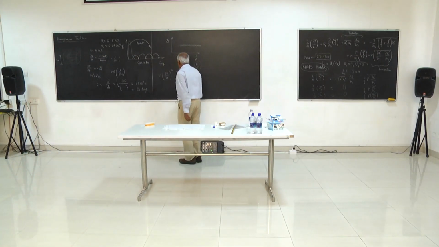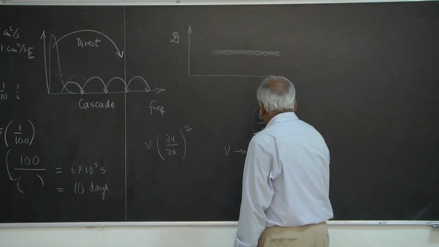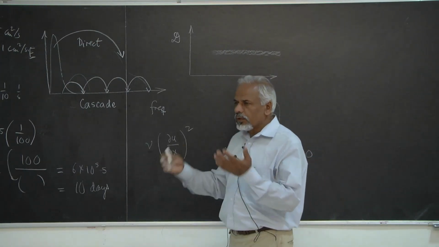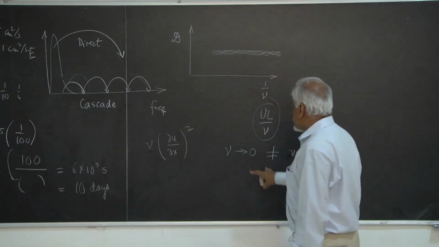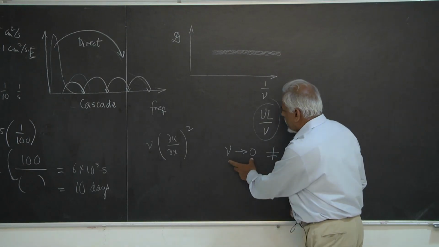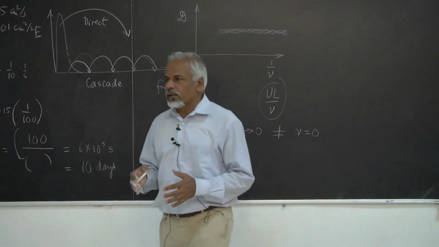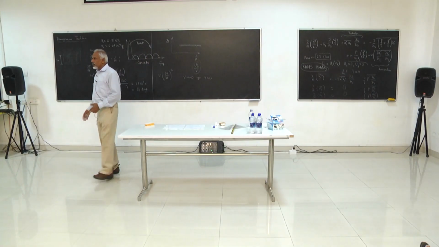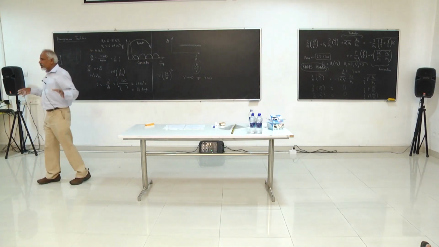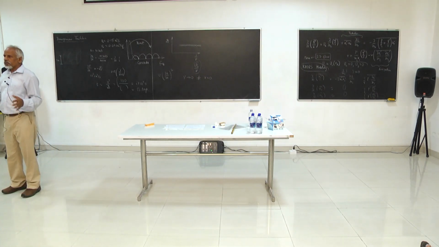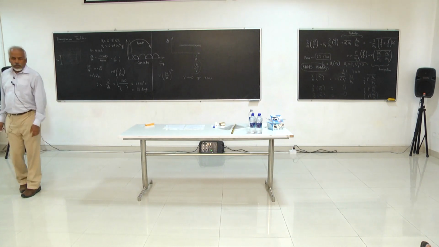Therefore, the general idea is that the limit of nu going to 0 is not the same as nu equal to 0. This is what you know in boundary layers, etc. So even a small amount of viscosity is necessary for you to have dissipation. It does not matter what its magnitude. The flow is clever enough to adjust itself, so it gives you the same dissipation rate.